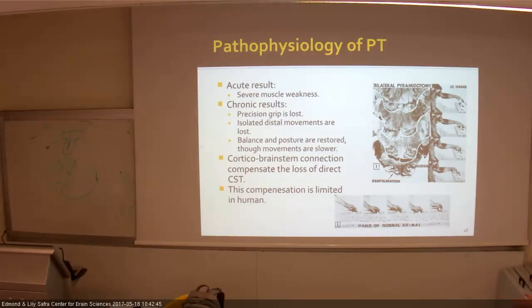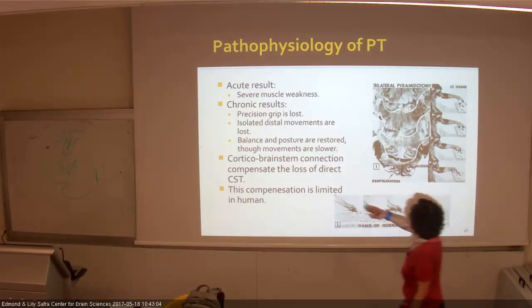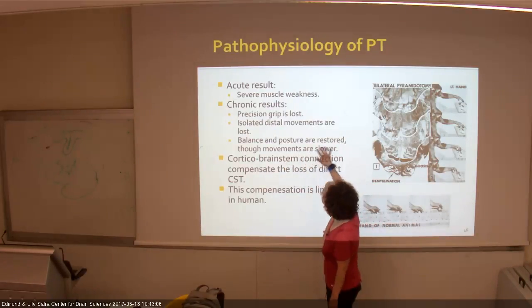So the acute result is a severe muscle weakness. That's the first few days. There is a general muscle weakness. But with time, the monkey recovers, and in fact, many of the motor capabilities are completely restored. Balance and posture are restored.